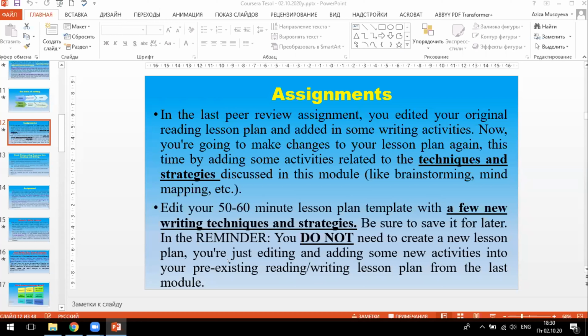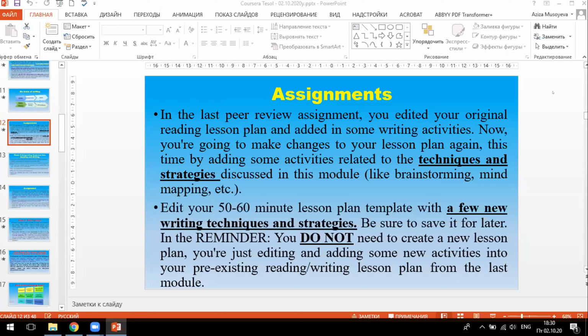So I chose The Skylight Room, and now I have finished this reading lesson plan, but I tried to include all the reading techniques rather than writing. That's why I am trying to include the writing skills.